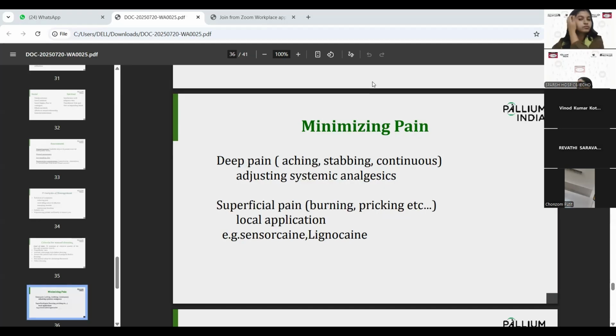Then superficial pain means burning pain, pricking pain due to dehydration, due to dry skin, or irritation pain. For this you have to go with local applications like xylocaine or lignocaine. So these are the minimal steps to minimize the pain here.